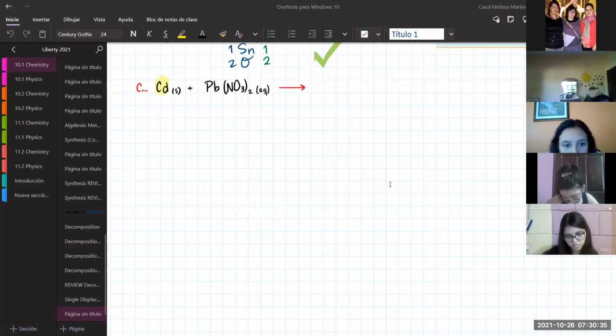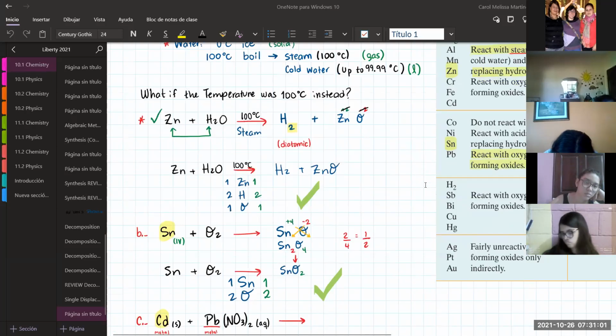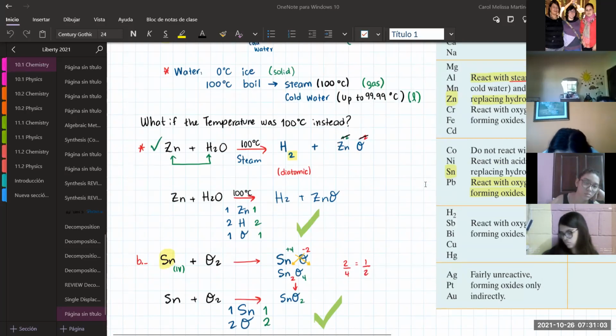And here, lead is the other metal in the reaction. So I need to compare the position of them. Remember the example I gave you the other day. So we're going to focus on cadmium. Cadmium is in the same group as zinc.